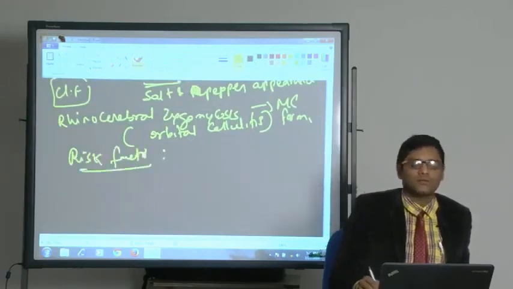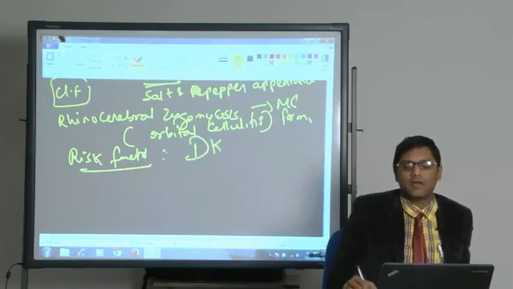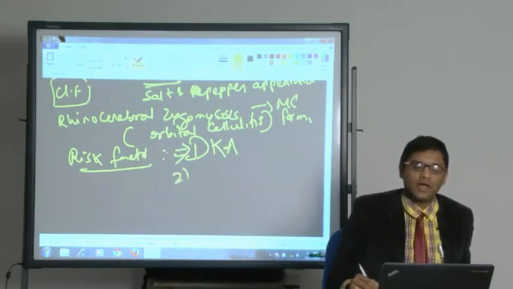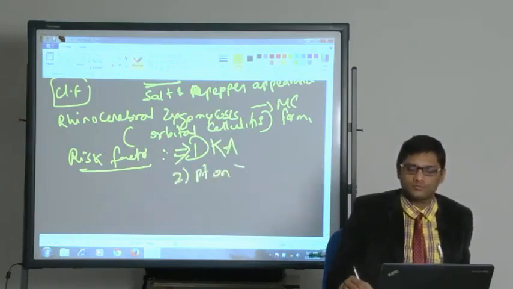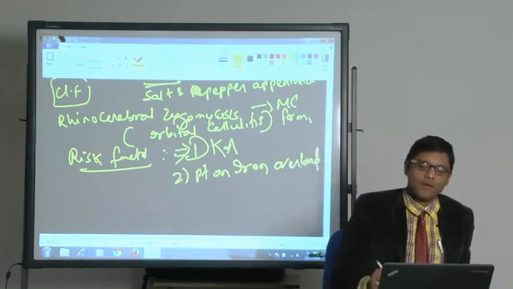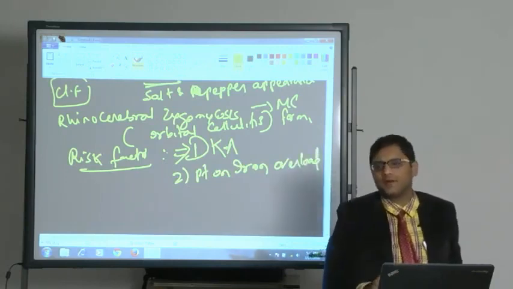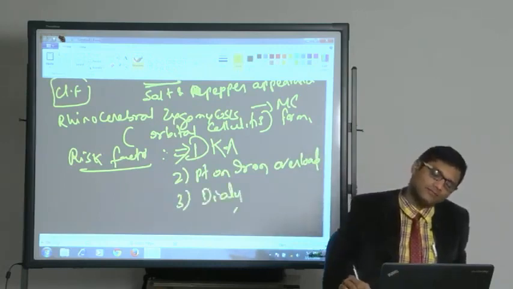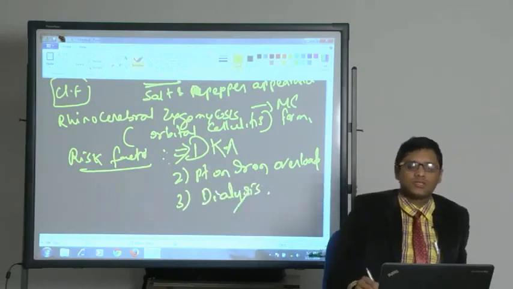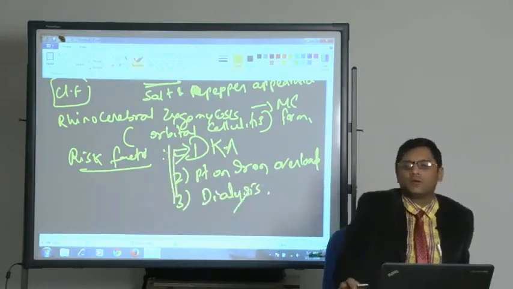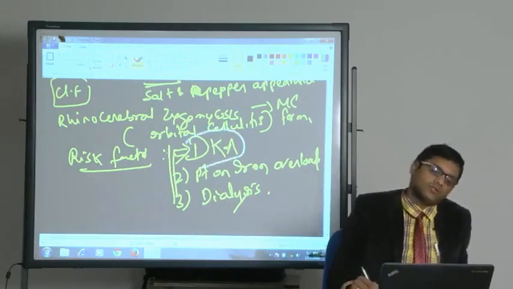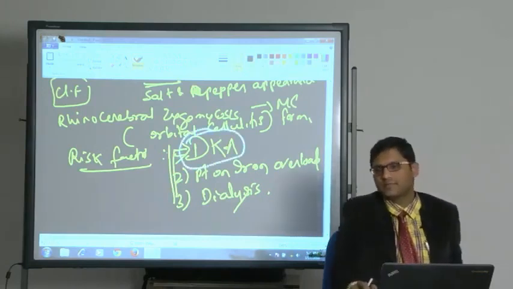Among the risk factors, the most important is diabetic ketoacidosis. Patients on iron overload and also patients on dialysis. These are the risk factors for zygomycosis. Among these, diabetic ketoacidosis is the most important risk factor.